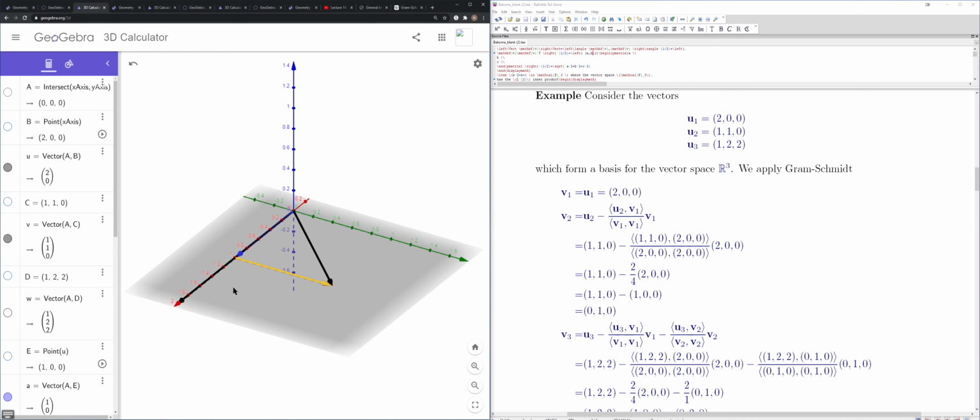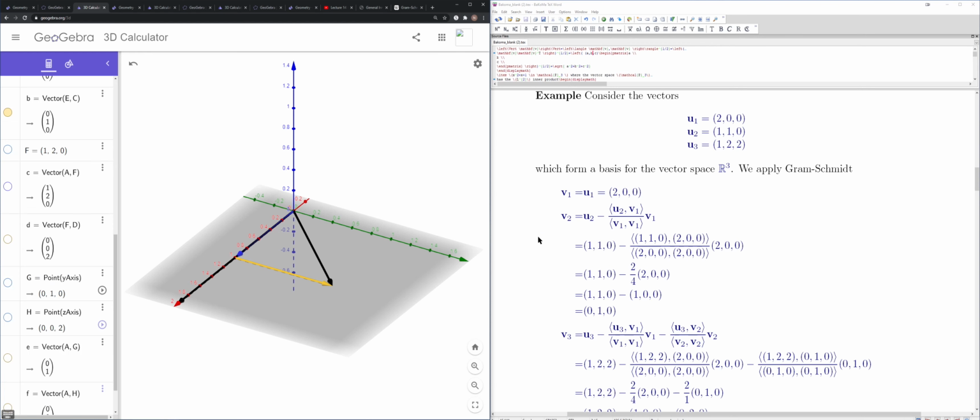So from the U2, by getting rid of the projection, I end up with something that is perpendicular to the U1.